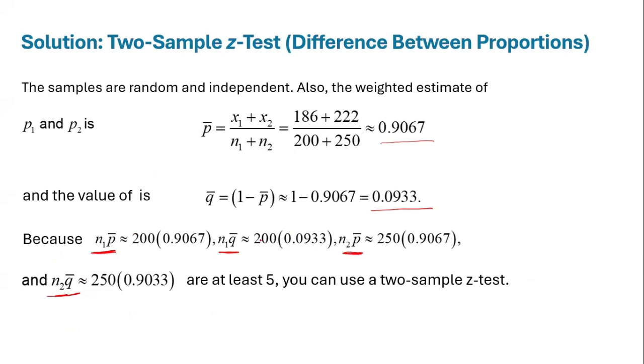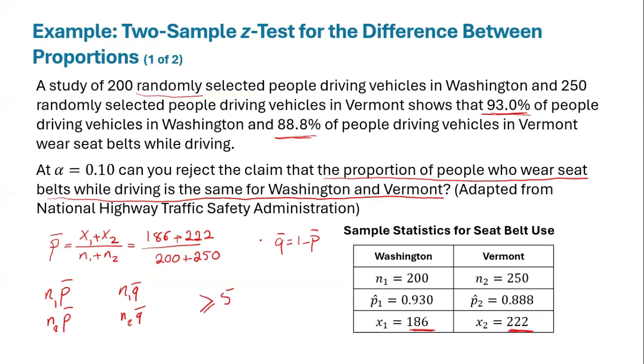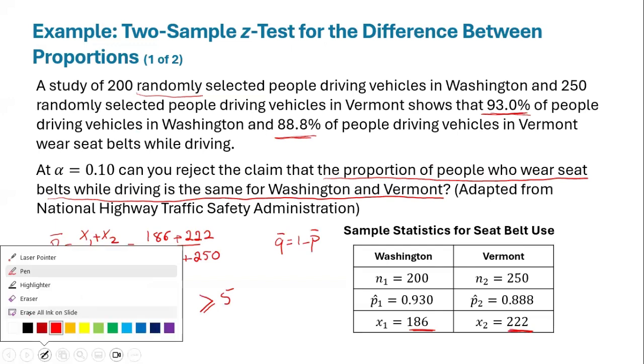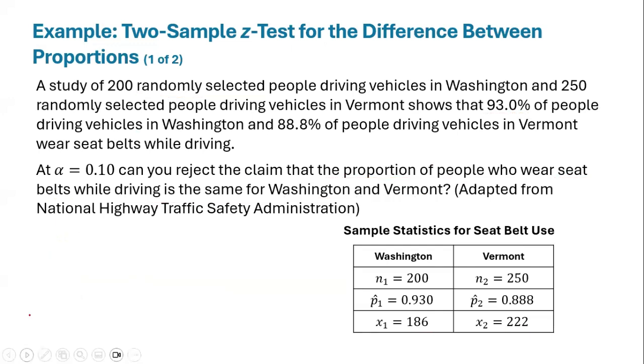Now, next step is writing the null and alternative hypothesis. To write the null and alternative hypothesis, you need to look at the claim. The claim says that the proportion of the people in these two states are the same.